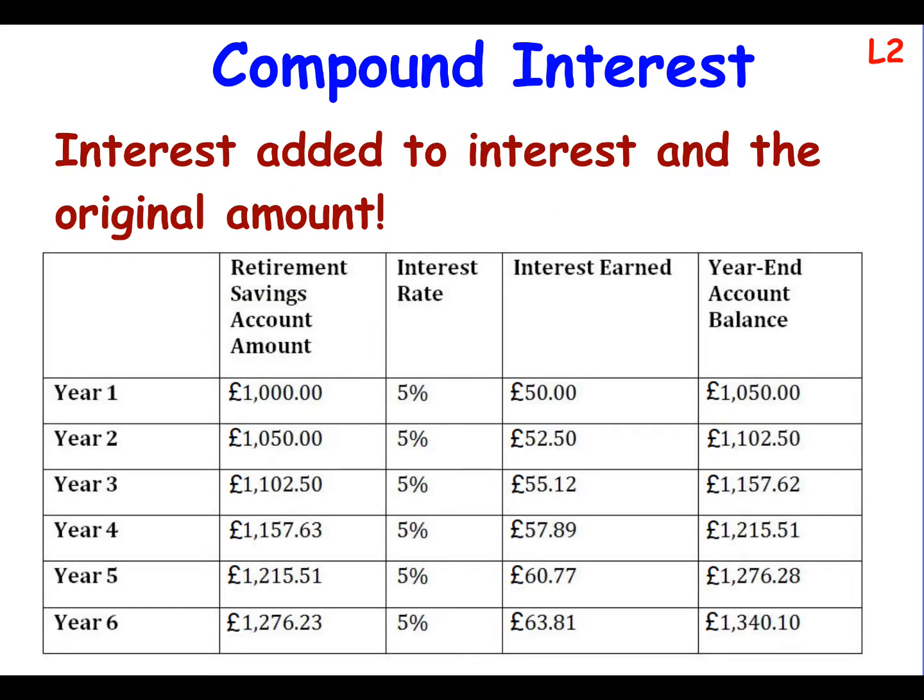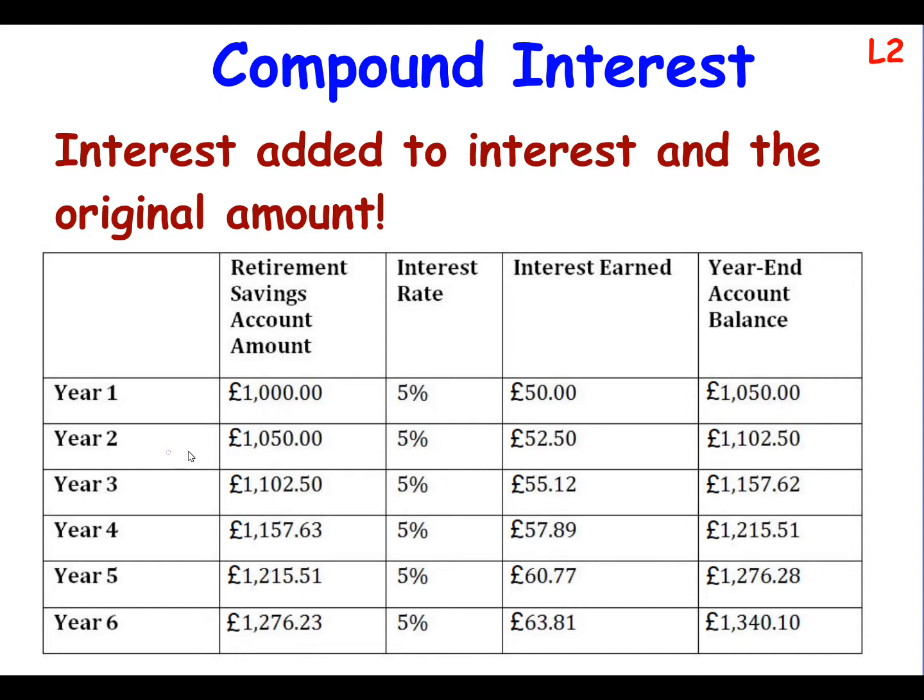Compound interest is interest that you accrue over more than just that one cycle, so more than 1 year in this case. So it's interest added to interest at the end of the original amount. So in this example I've given you here, if we start a bank account with £1,000 in it, after the first year at 5% interest, we have £50 interest, and we then have £1,050 in the account.